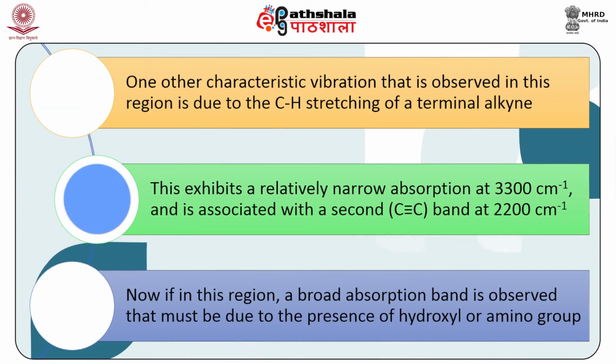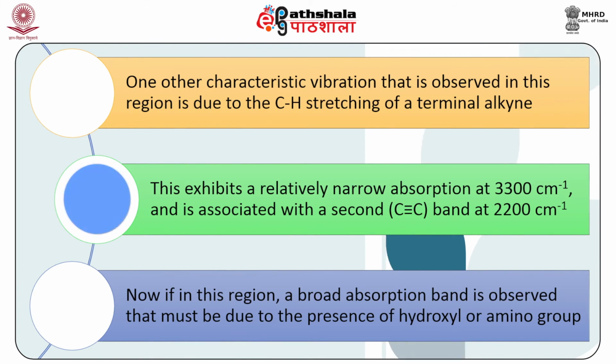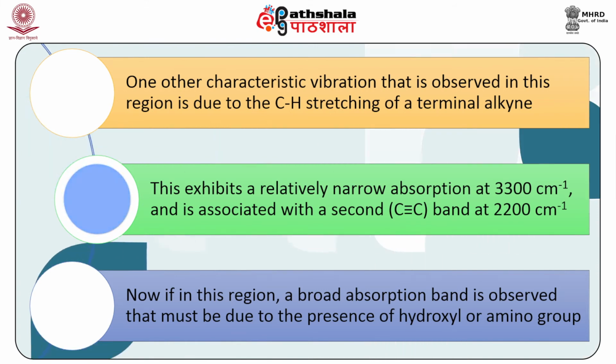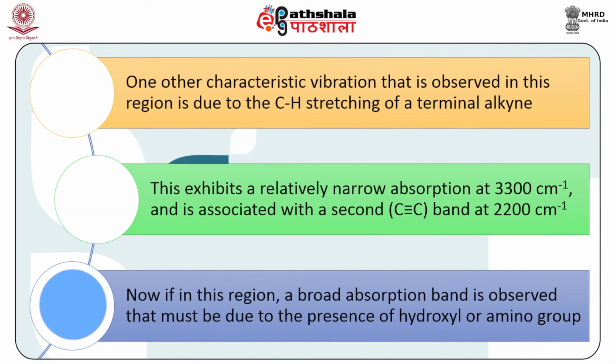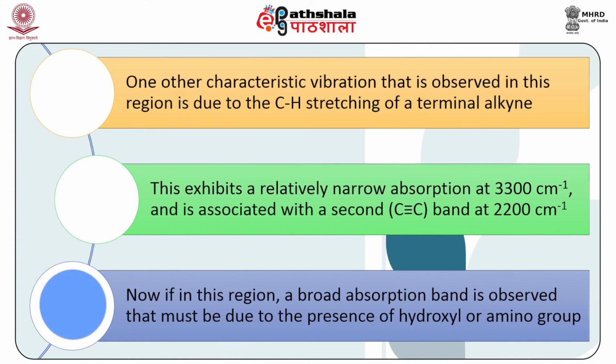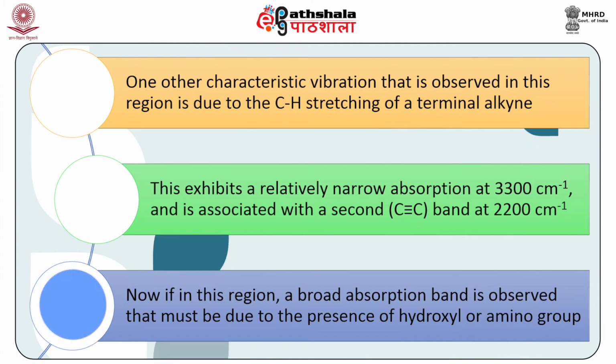This exhibits a relatively narrow absorption at 3300 cm⁻¹, and it is associated with the second C≡C band at 2200 cm⁻¹. Now, if in this region a broad absorption band is observed, that must be due to the presence of a hydroxyl or an amino group.